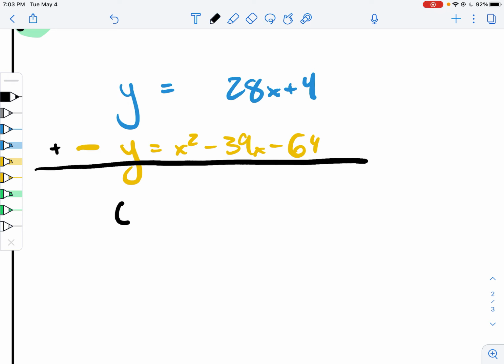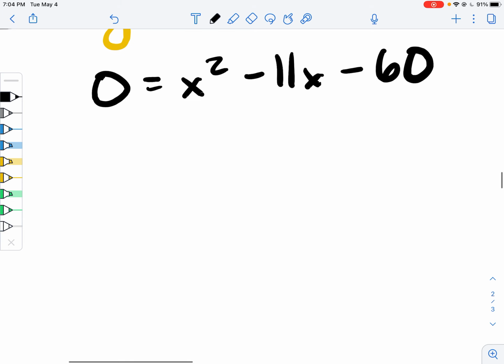0 on this side is equal to x squared minus 11x minus 60. Cool. Now how do we solve this? We know how to solve this. We can solve it by graphing, or by factoring.